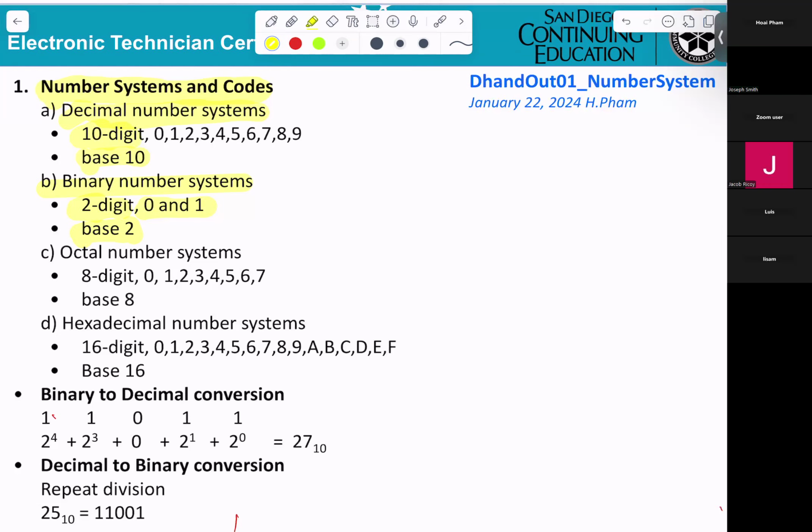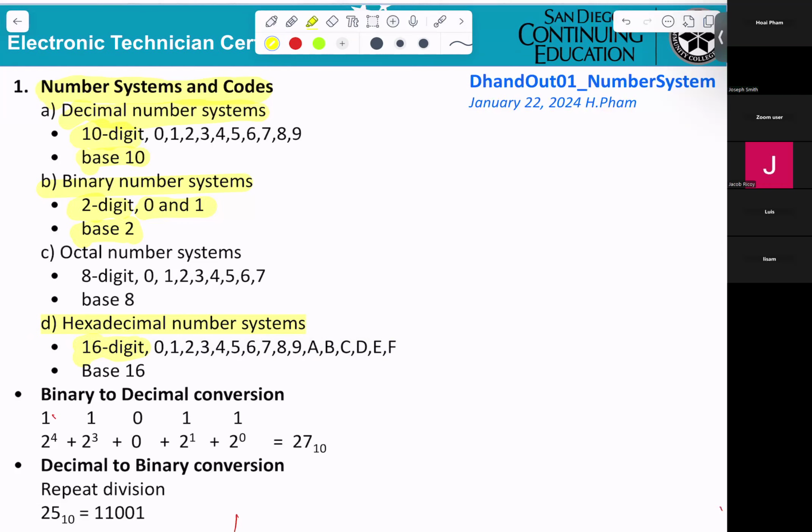Octal number, we don't care about now. We really care about the hexadecimal number, the thing that we have to use. In the hexadecimal number system, you get 16 digits.